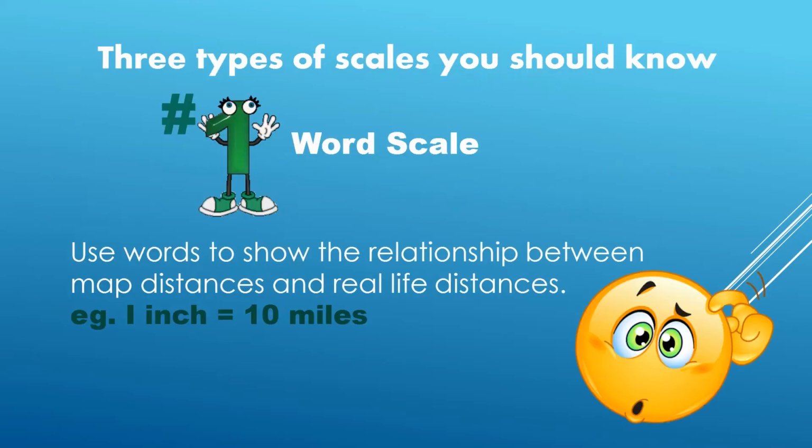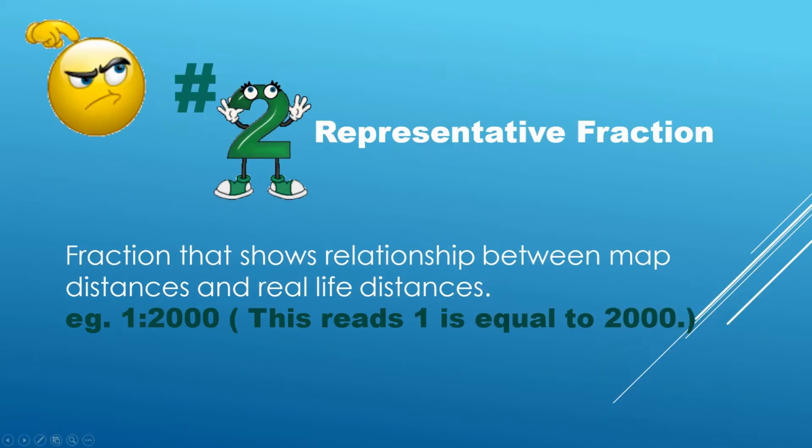3 types of scales you should know are as follows. Number 1, word scale. Word scale uses words to show the relationship between map distances and real-life distances. Example, 1 inch equals 10 miles. Number 2, representative fraction.